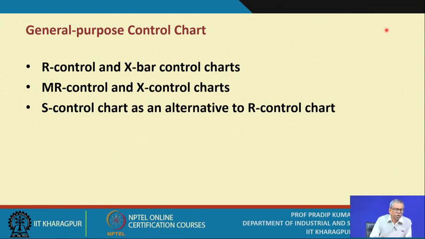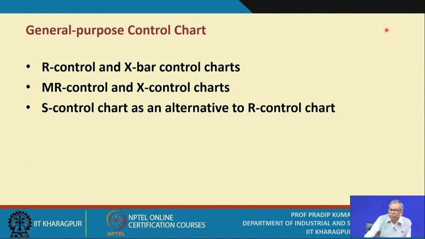The second one is, whenever you find that there are situations, I will discuss that situation also. Like in certain cases, the sample size may be 1. That means it is essentially the individual units forming the sample. So in that case, obviously the range you cannot calculate. So you have to think of some alternative means, and one such alternate means is the moving range.